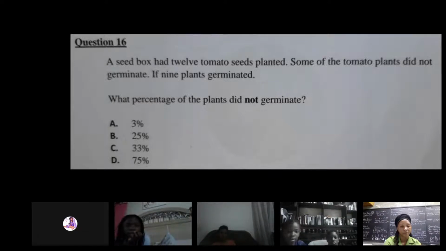If 9 plants germinated, what percent of plants did not germinate? A, 3%; B, 25%; C, 33%; D, 75%.